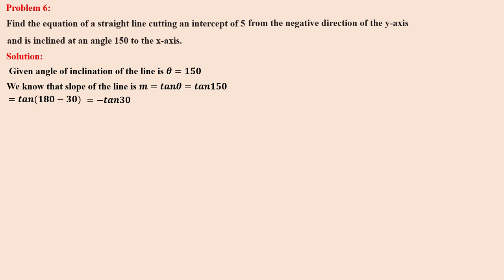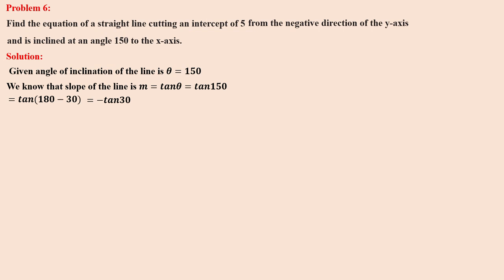If you are having sin of something, then you will get a positive value. All other trigonometric functions get a minus value, right? So in the first quadrant all, in the second quadrant sin, and in the third quadrant only tan is positive, remaining all are negative, and in the fourth quadrant only cos is positive, remaining all negative.